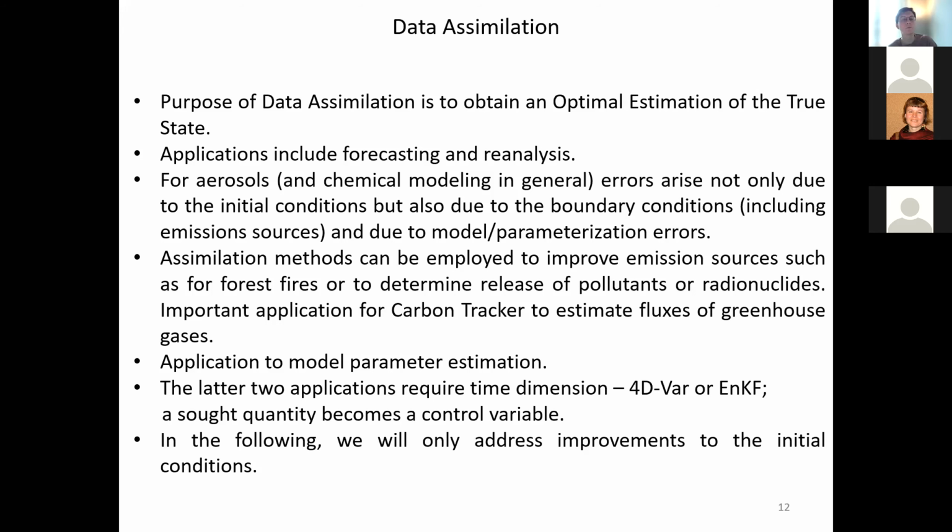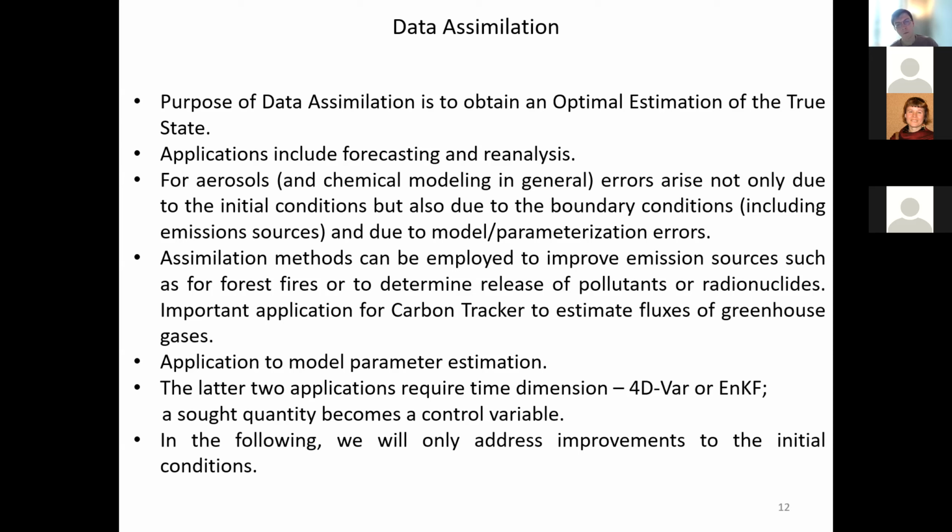So this is on what data assimilation is. Data assimilation basically merges observations with models because models are dependent on the initial conditions, and this applies to both meteorological models and aerosol models. If they were not merged with observations, they would become completely chaotic and detached from reality. So by combining models with observations in some optimal way, we can arrive at an estimation of the true state.